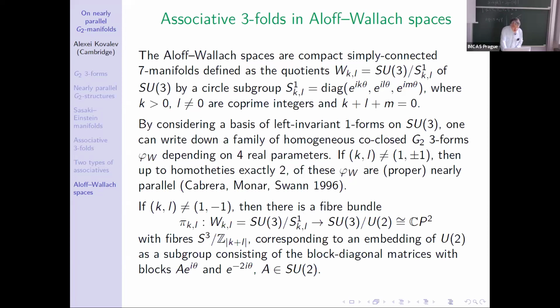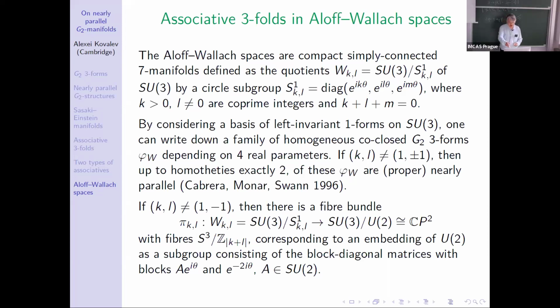Okay, so what happens when K and L are not 1 and -1? There is another view on the Aloff-Wallach space. It's a fiber bundle over SU3 quotient U2. The subgroup U2 consists of block diagonal matrices. So one block is an SU2 matrix multiplied by a complex number of modulus 1, and the remaining 1 by 1 block is determined so that we get determinant 1 of the 3 by 3 matrix.